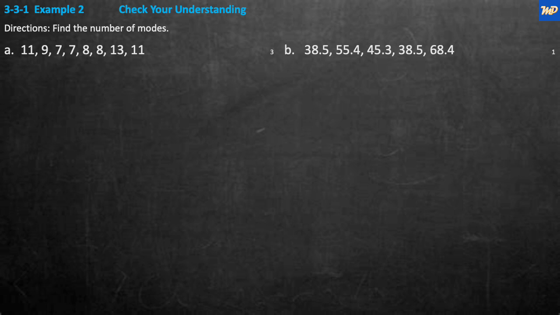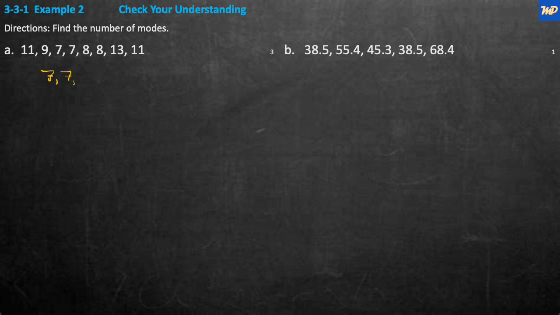So first of all, we have to put these in order, don't we? Well, no, we really don't. Why don't we? Because we're not trying to find the median. However, putting them in order really helps you find them. So I'll just take the time to do it, okay? So the lowest number here is 7. So we have 7, 7.